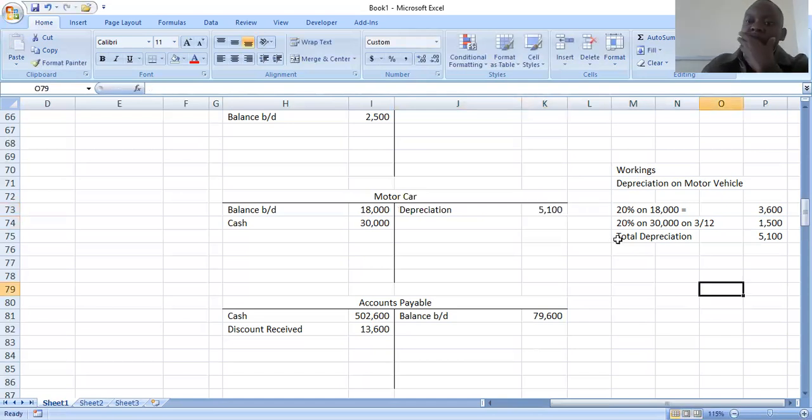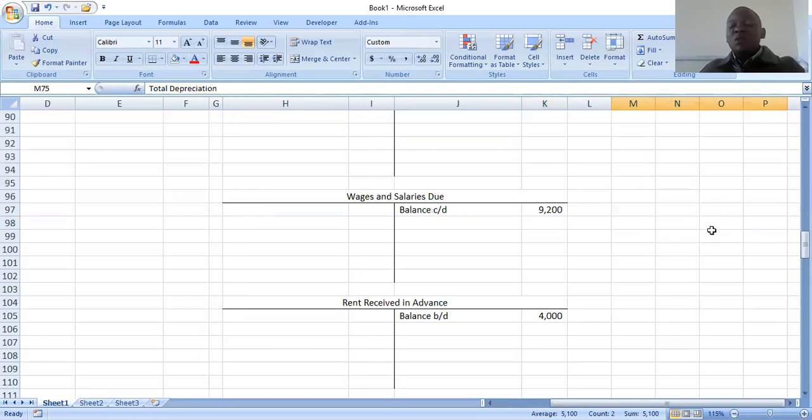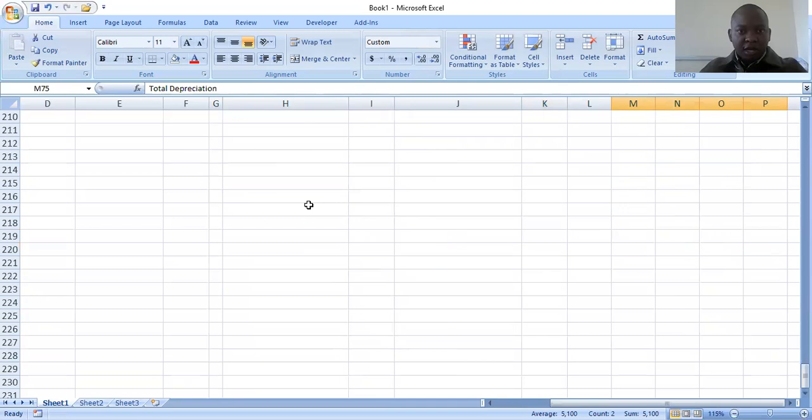And being that the depreciation is an expense and this expense is increasing, therefore we shall have a depreciation expense account which we shall debit because it's an expense. So therefore, open depreciation on motor car account.